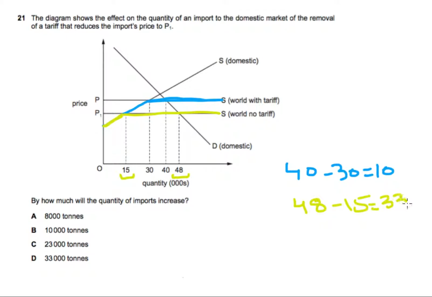So the new level of imports is 33,000. And the question asks the increase in the level of imports. And so the increase is 33 minus 10, which is 23,000. And so we see that the correct answer is option number C, 23,000 tons.